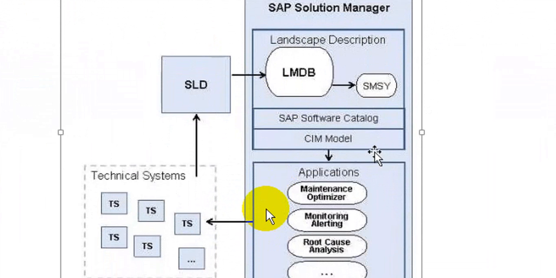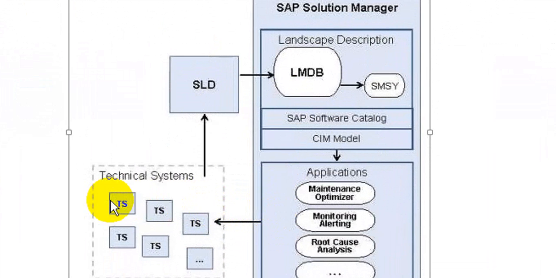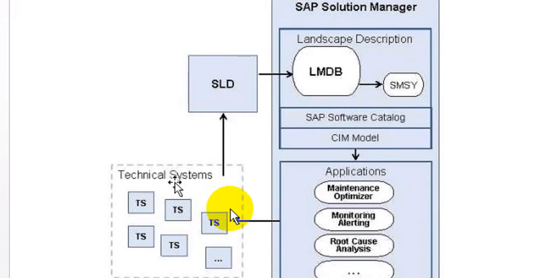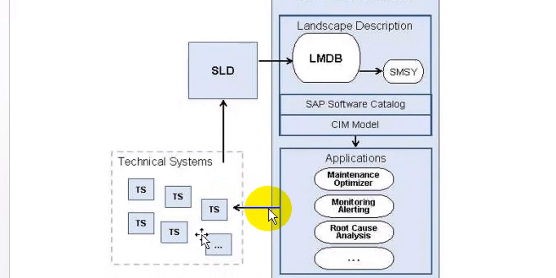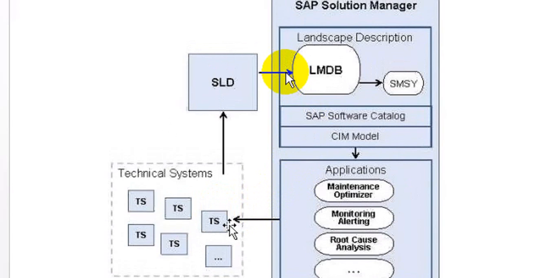This is the Solution Manager, so LMDB is itself in the Solution Manager. This is the SLD. It is like a mediator. Whatever issue we got in the development technical system, it is going to update the SLD. It is going to connect to the LMDB, which maintains the details, and it will respond again to the technical system.